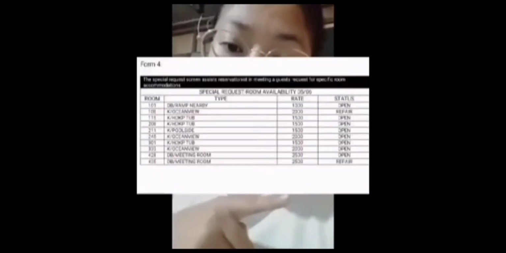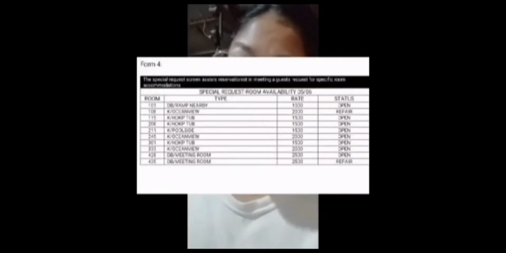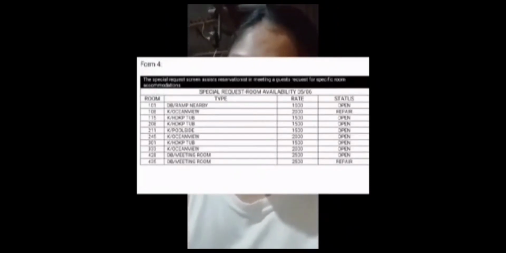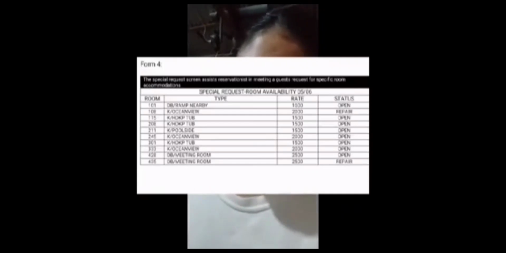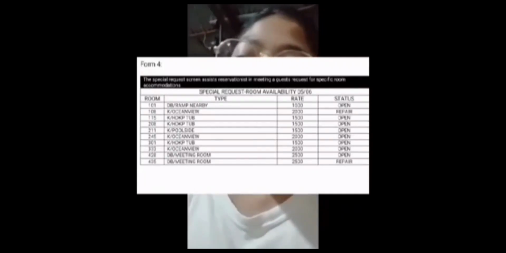As I said earlier, in the automated system, didn't I say it gives and displays on a moment-to-moment basis so you could easily track? Like this. You can easily find out if the guest desired room can be occupied or not. That's how a computerized reservation works.